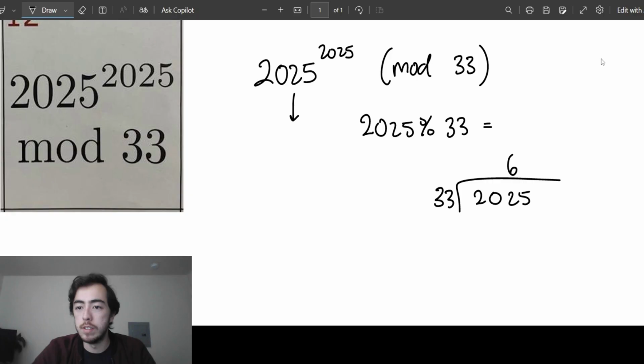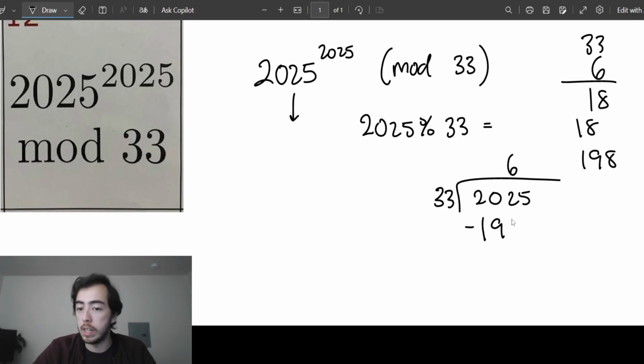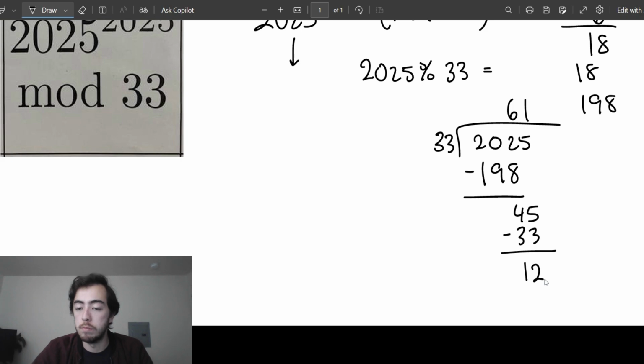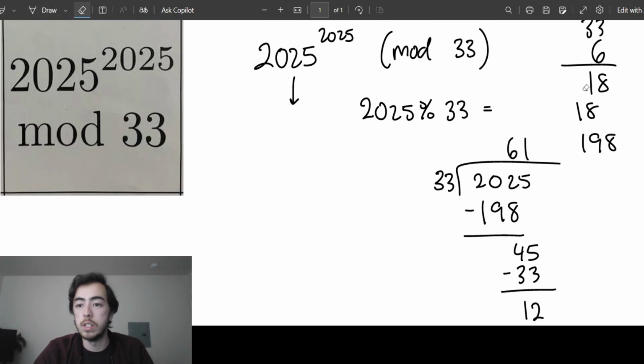And so 6 times 33 is going to be the same thing as 18 plus 180, so 198. That looks actually perfect. Cool. Subtracting this, I get 45. Cool. 33 fits into 45 just the once. And it looks like my remainder here is 12. So the long division says that the quotient is 31.